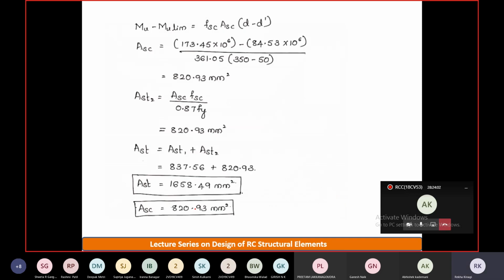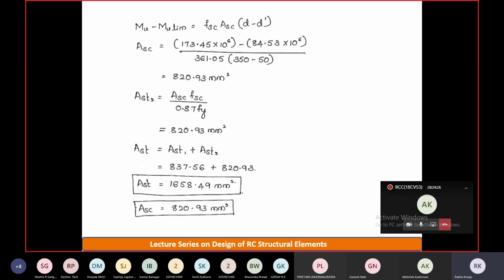Now, Mu minus Mu limit is equal to FSC into ASC into (D minus D dash). Again, this is the equation from Annexure G, and now the only unknown is ASC. So ASC is equal to (Mu minus Mu limit) divided by FSC into (D minus D dash).